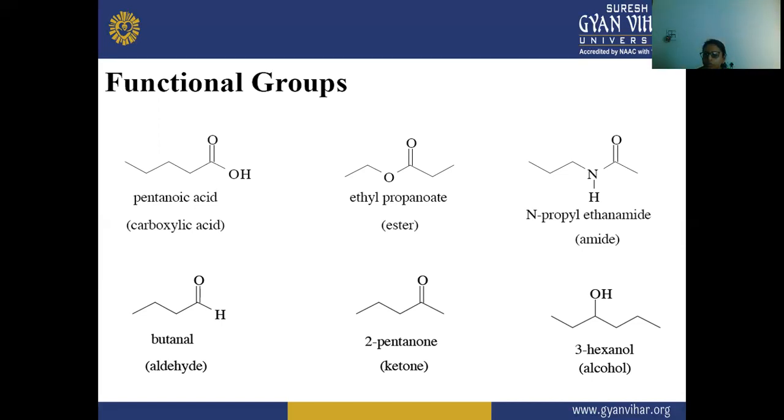On the nitrogen, a propyl group is attached, and this side is ethanamide. This side has 2 carbon atoms, that is why its name is ethanamide. And from this nitrogen atom, propyl is attached, meaning a three-carbon chain is attached to it. That is why we have written here N-propylethanamide, and this is your amide, CONH2.